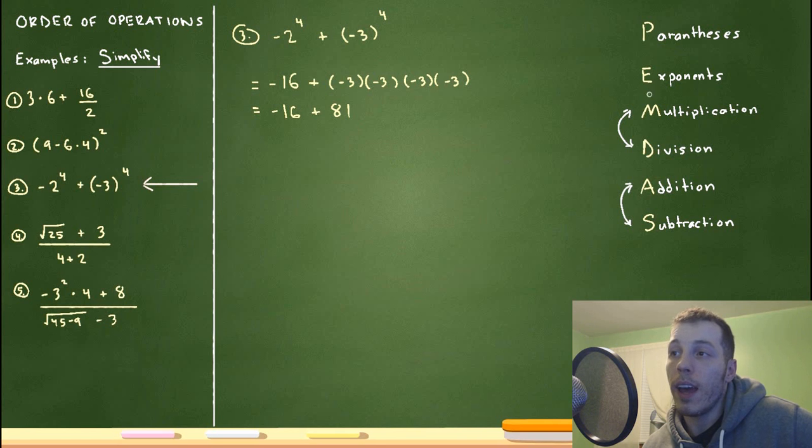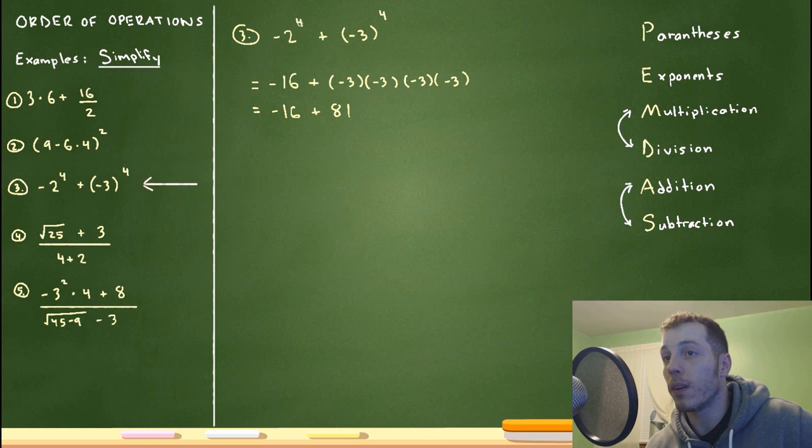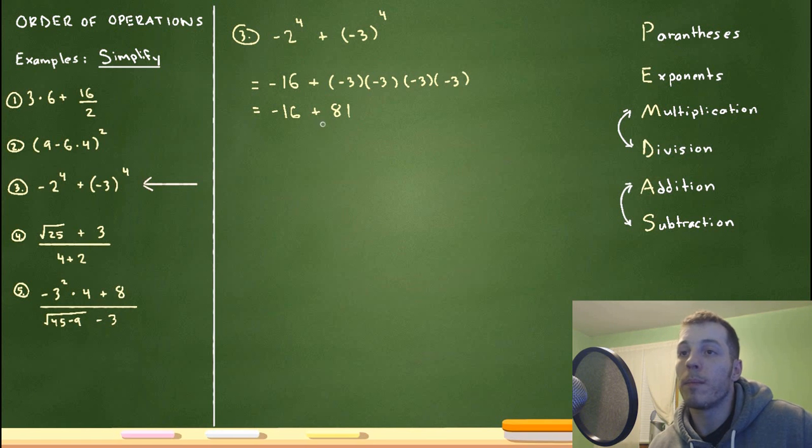So again, that's coming after the exponentiation. So that's why we're obtaining this negative 16 here. We do 2 to the 4th first, and then negate it. And now, once we get this here, we have negative 16 plus 81, so we should get 65. Okay, so that is number 3.